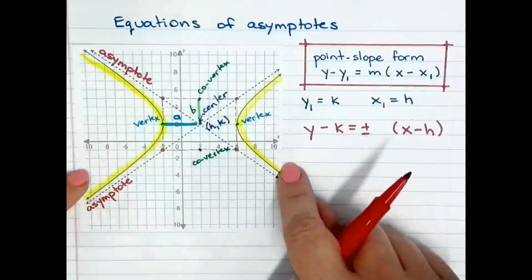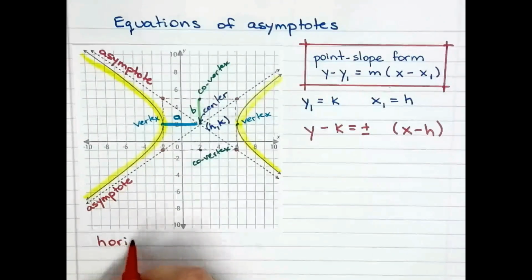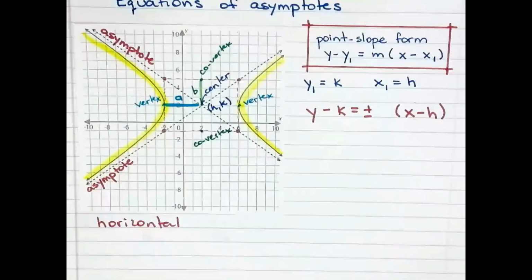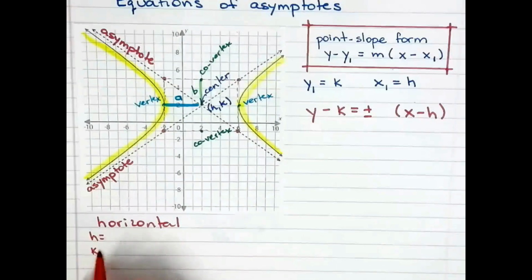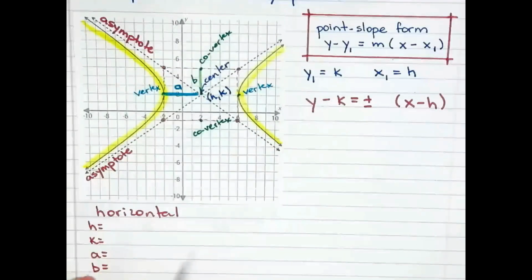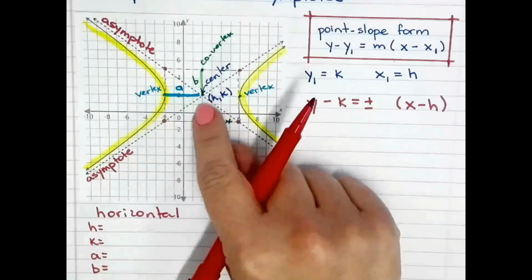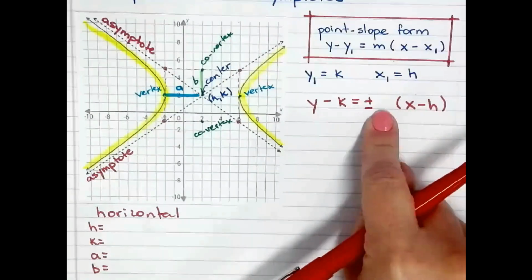So when the hyperbola opens sideways, that is called a horizontal hyperbola because it opens sideways. So in here I have h, k, a, and b. And you're like, wait, I don't really think I need a and b. Check this out. You know I'm going to need the slope here because m is from the slope formula.